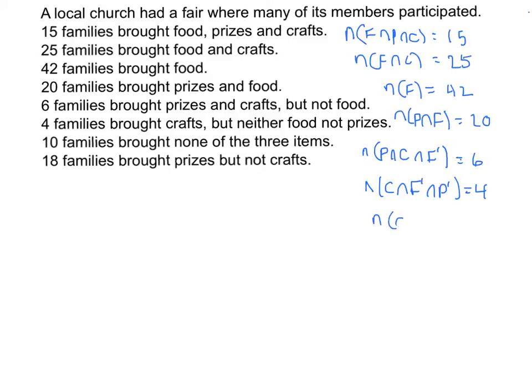Well, none of these 3 items looks like C prime intersect F prime intersect P prime, and that's 10, which means that we're not in C, not in F, and not in P. That would be none of these items. And the last piece of information says that 18 families brought prizes, but not crafts. So again, that's going to mean we're in P, but we're not in C. So that's P intersect C prime, and that gives us 18.